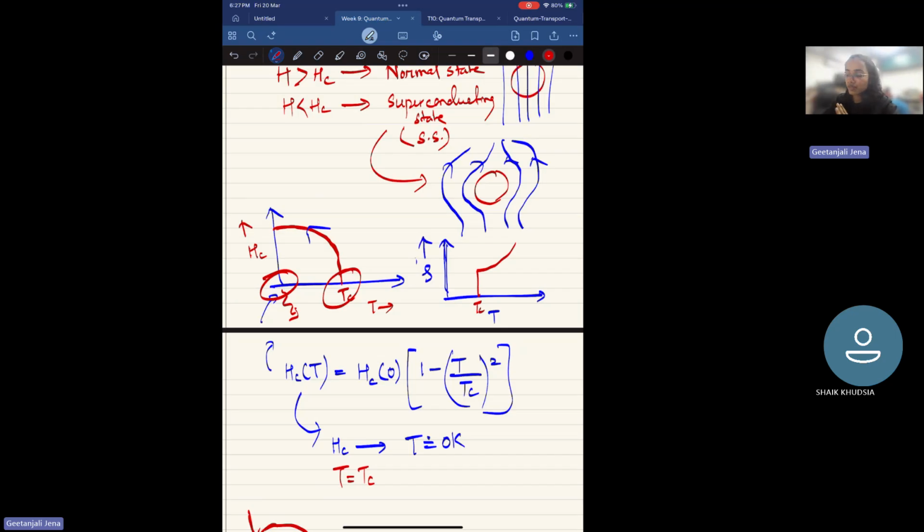Below Tc, there will be a superconducting state. So it acts like a boundary. And resistivity at this temperature is completely 0. So that is why this material will behave like a superconductor. So we'll see current with 0 resistance. So I hope it's clear.